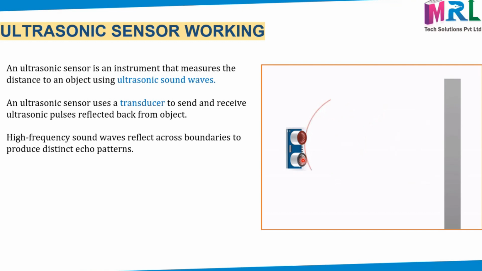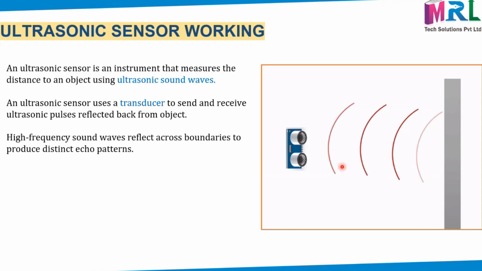The ultrasonic sensor will calculate the distance by sending ultrasonic sound waves. We cannot hear the ultrasonic sound waves because they are of higher frequency, beyond human hearing. But it is a sound wave of high frequency.